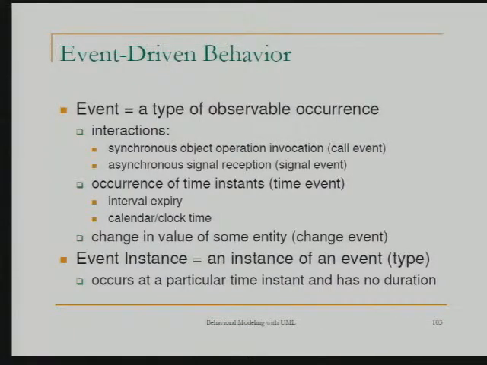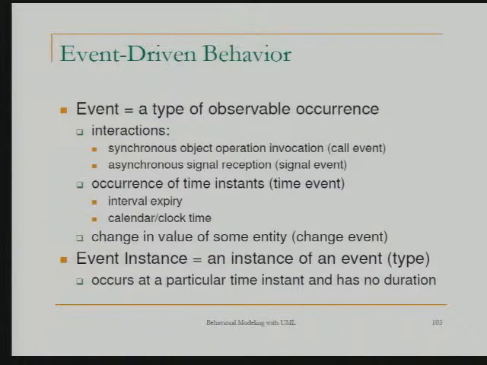Like for example, if you click on a button, an icon in a user interface, that's asynchronous. It doesn't happen synchronously at some predefined amount of time. It happens asynchronously. Those are examples of asynchronous signal receptions. It could also indicate the occurrence of time, an event or a timer expiring, 3 o'clock in the afternoon event happening.